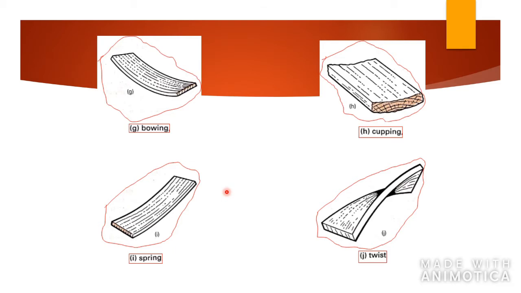So you have bowing, you have cupping, which is right here, you have springing, which is right here, and then you have twisting, which is all over the place. You really don't want to use a twisting board. All of these are the different defects that happen in wood, so you need to make sure you are working with the right type of timber.